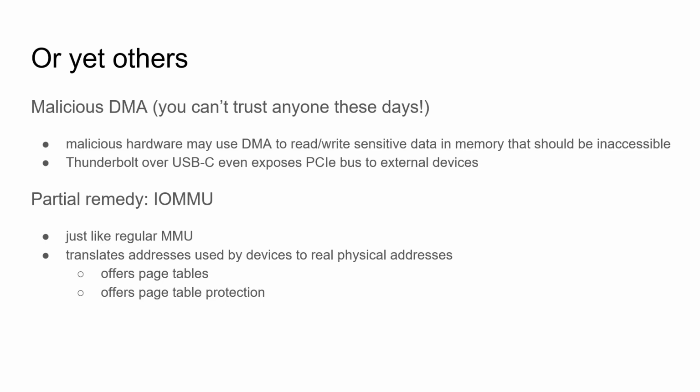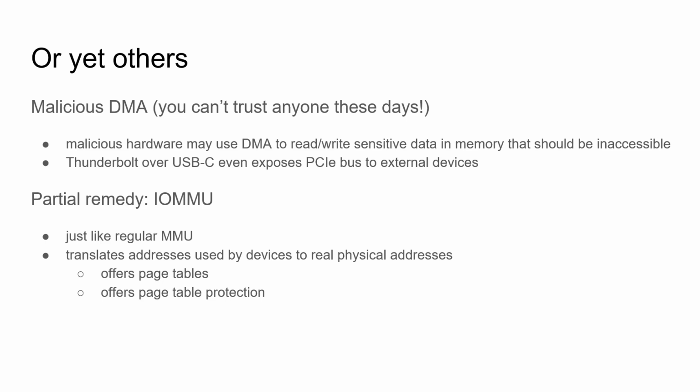And that allows the attacker to read and write to memory, and you want to prevent illegitimate accesses to memory pages, stuff that this device should not have access to.